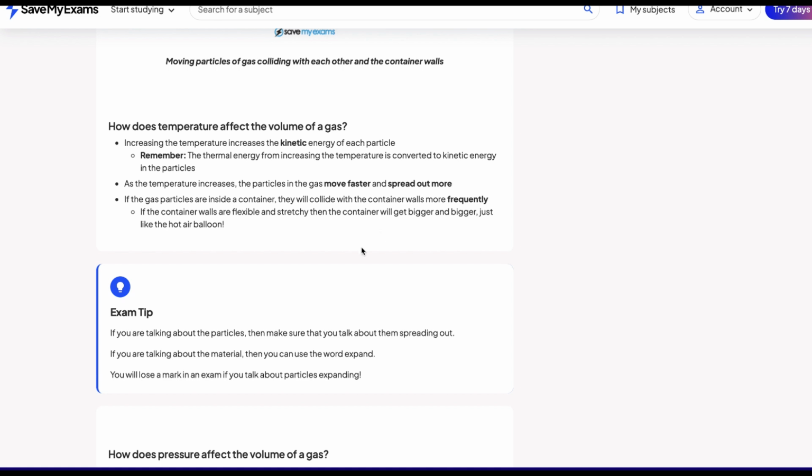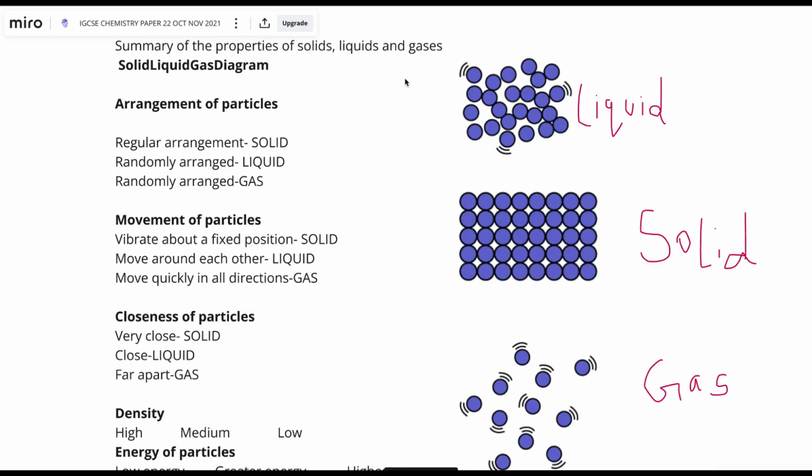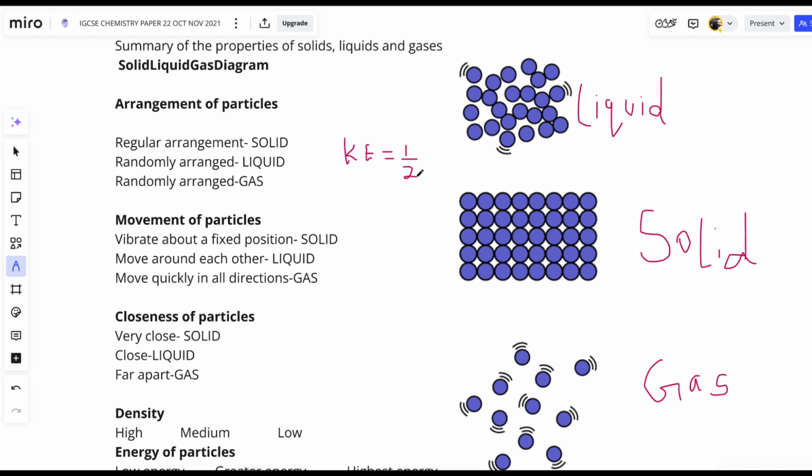When speed increases, kinetic energy will increase, because if you look at the kinetic energy equation, KE is half mv squared. M is the mass.